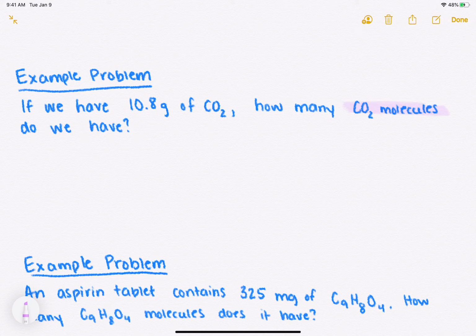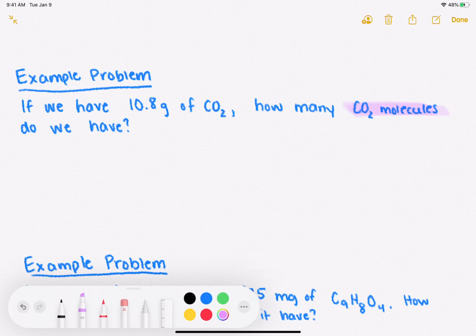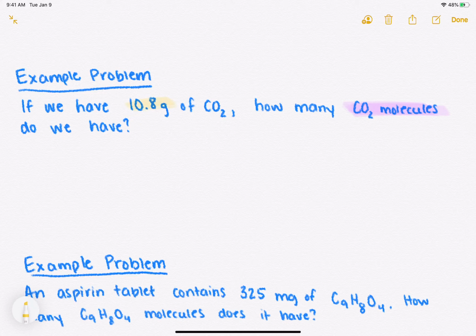That's the number that should be in the top right box when you're finished setting up your dimensional analysis. The value that we are trying to cancel out is the grams. That's what we're starting with. That's what we're trying to get rid of. So that's where we want to start.